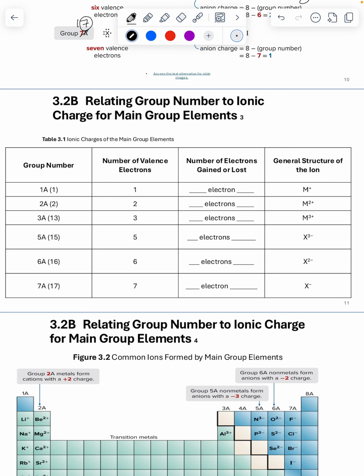Remember, there are 2 different ways that the periodic table can be numbered. I believe the one that I gave you has numbers 1 through 18, and that's what you see here in parentheses. You can refer to those. Let's go through this. In group 1, there is 1 valence electron, and therefore 1 electron is lost.